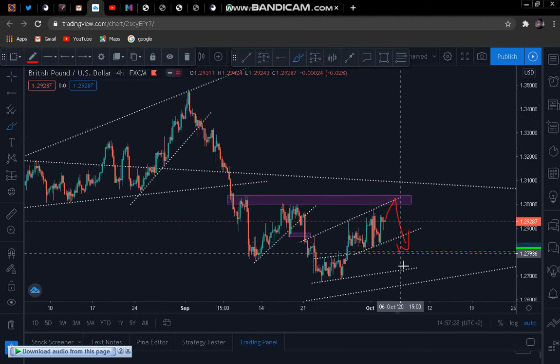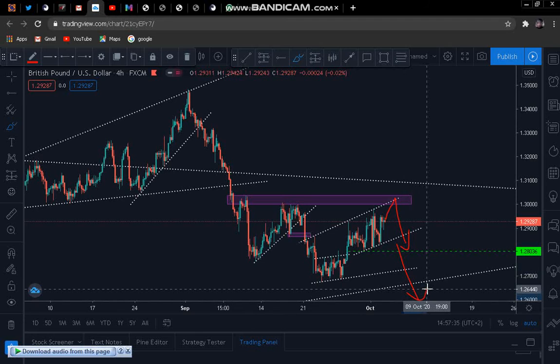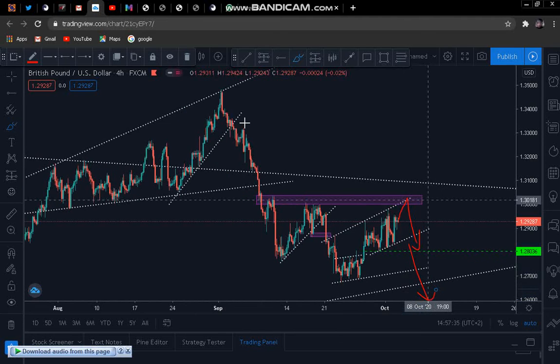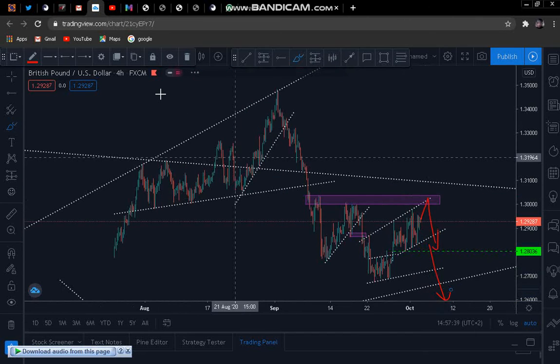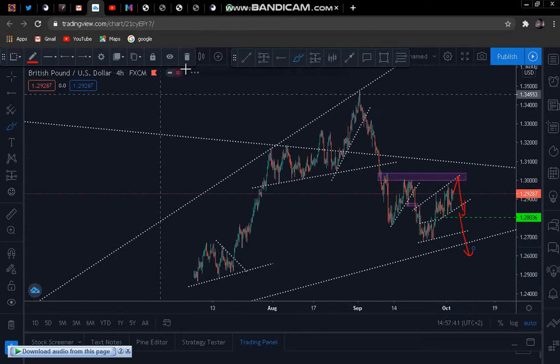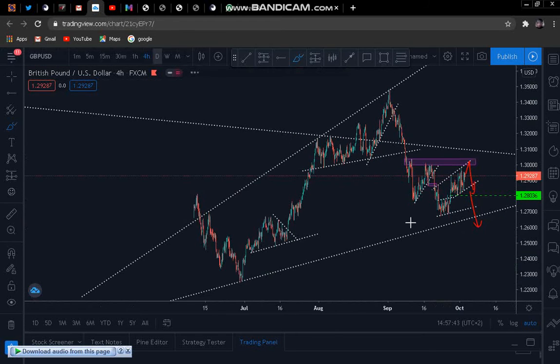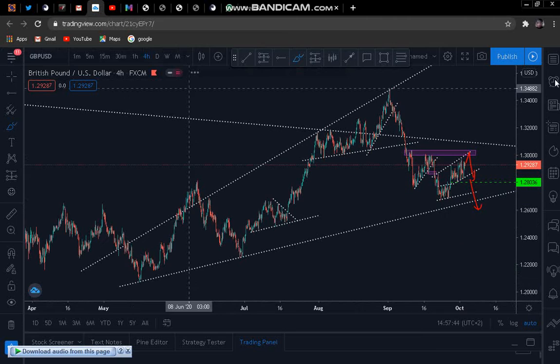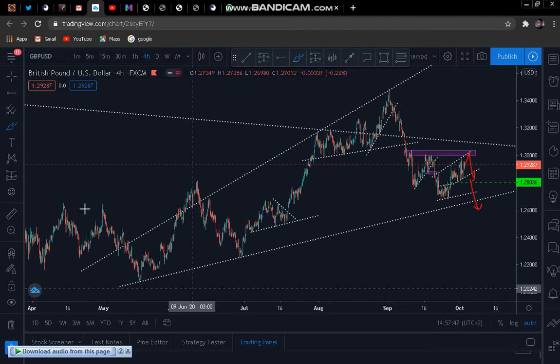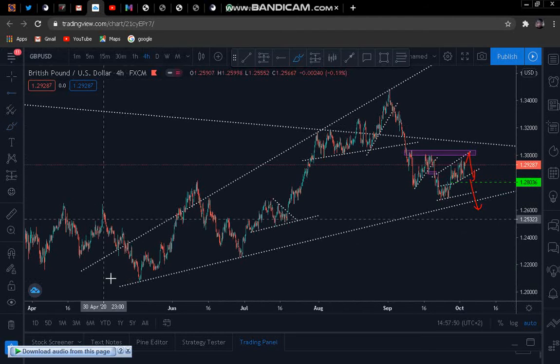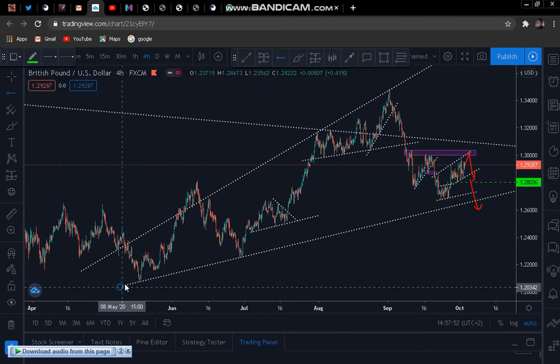Once it breaks and plays out down here, it will eventually play out into this area here. And once it plays out into that area, we are now looking at this trade potential here.